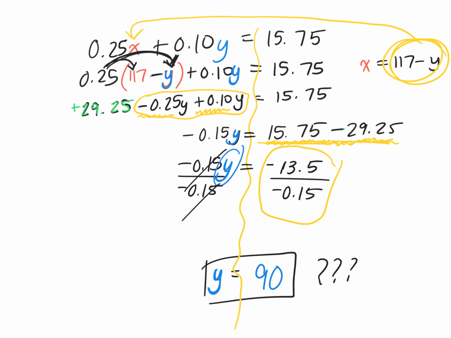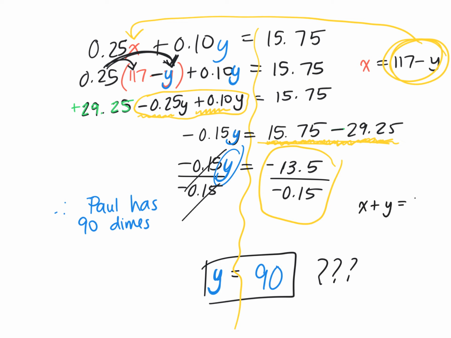What did y represent? Quarters or dimes? So therefore, Paul has 90 dimes, but we need to know how many quarters he has. Do you remember the original equation? It's subtract, good. Right?